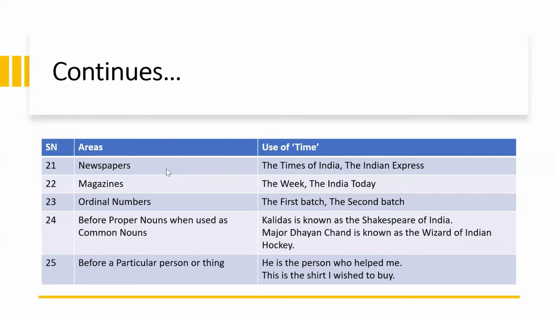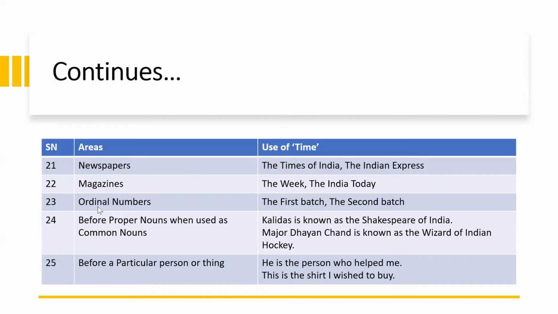Before all the newspapers make use of the definite article, the Times of India, the Indian Express, the Deccan Herald, the Hindustan Times. Before all the magazines, the Week, the India Today, the Illustrated Weekly, the Women's Era, etc. The Sports Star also.